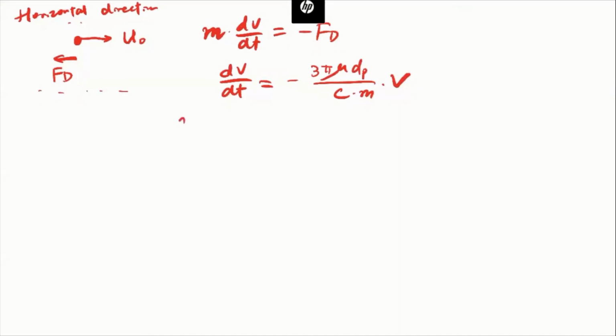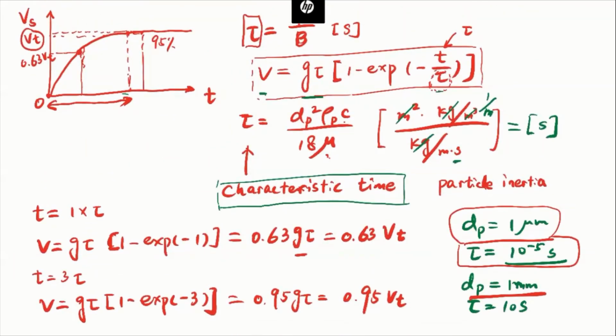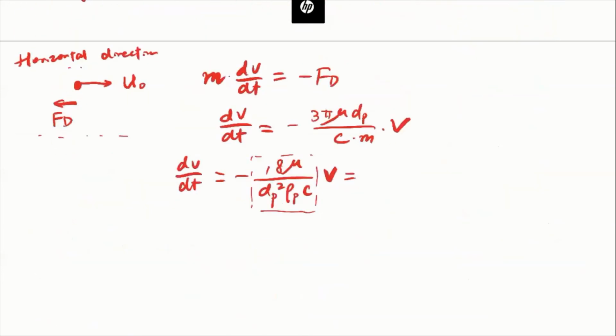So what we have is dV/dt equal to minus 18 mu divided by dp squared rho p C, multiplied by v. If you remember the definition of tau earlier, it's the same as this term here. So we can just set this term as v divided by tau.